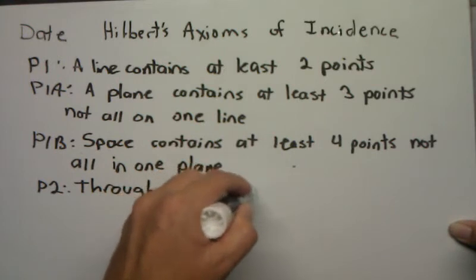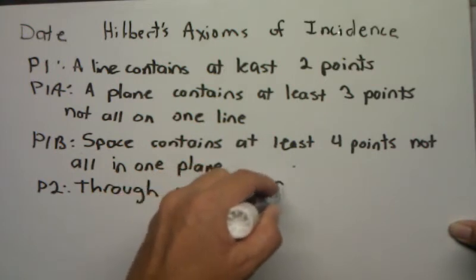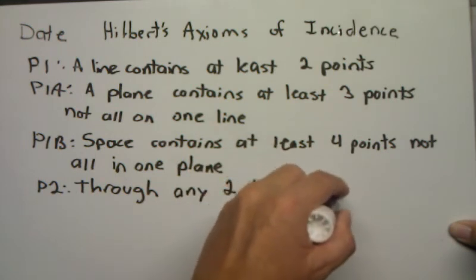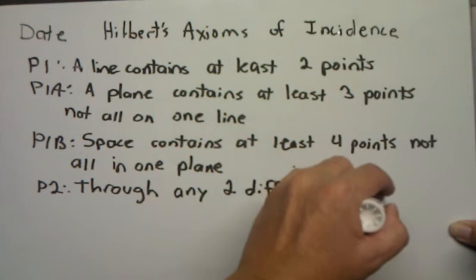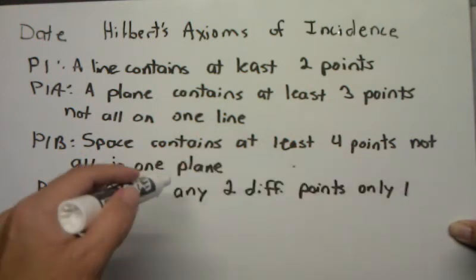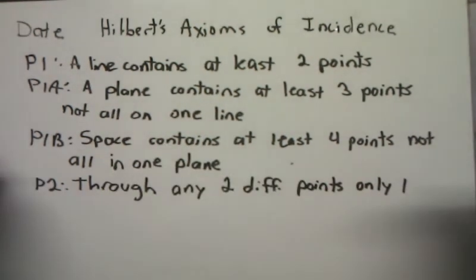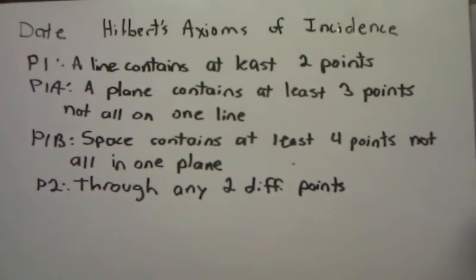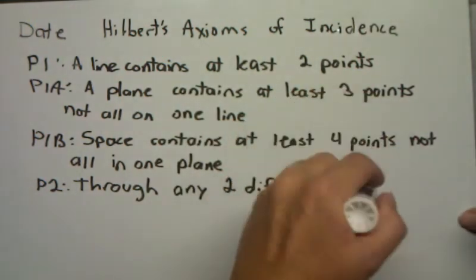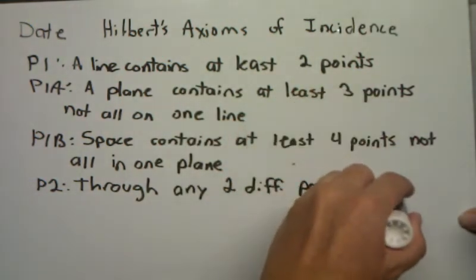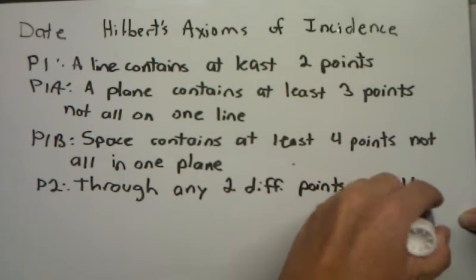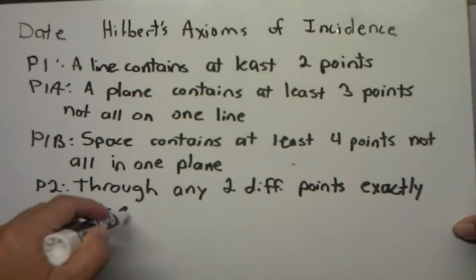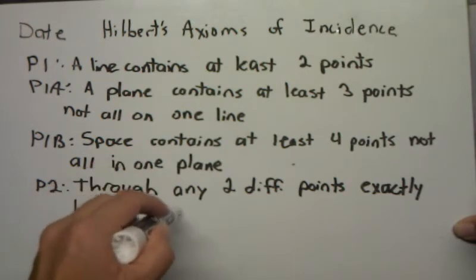Through any two different points, not only, exactly one line exists.